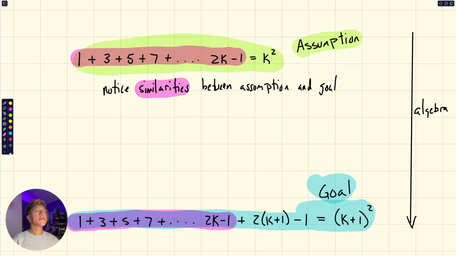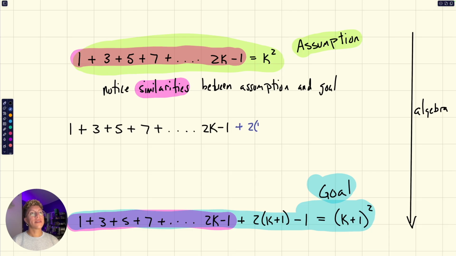So we take our assumption step, starting with that, and we want to add the same thing to both sides. Again, we have a true statement here. It's assumed to be true. Using algebra, we can add a similar term to both sides. We add this new term on the left-hand side and the right-hand side.